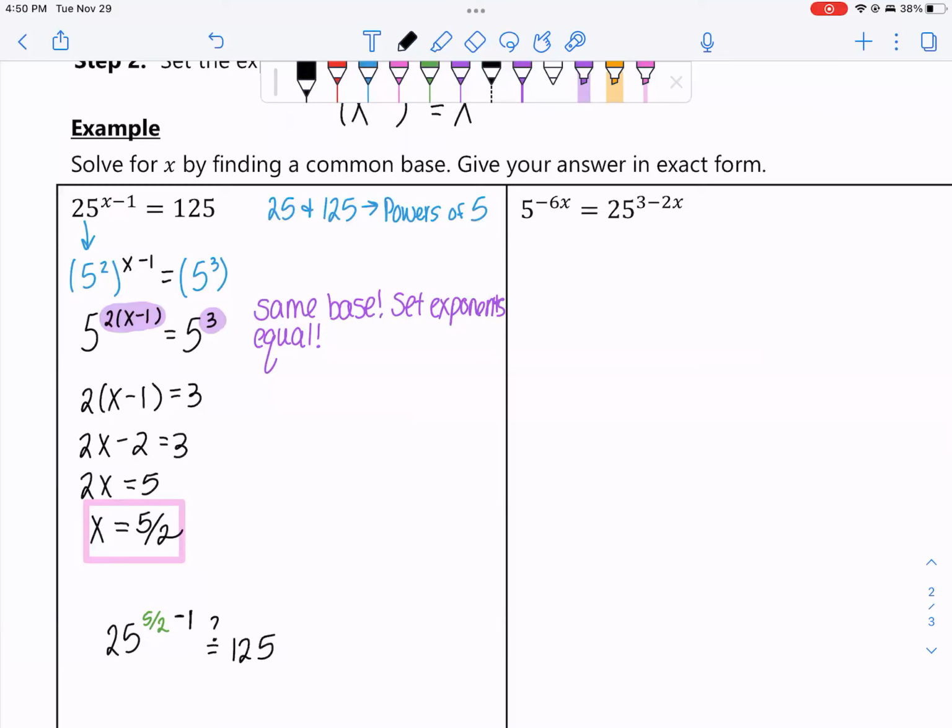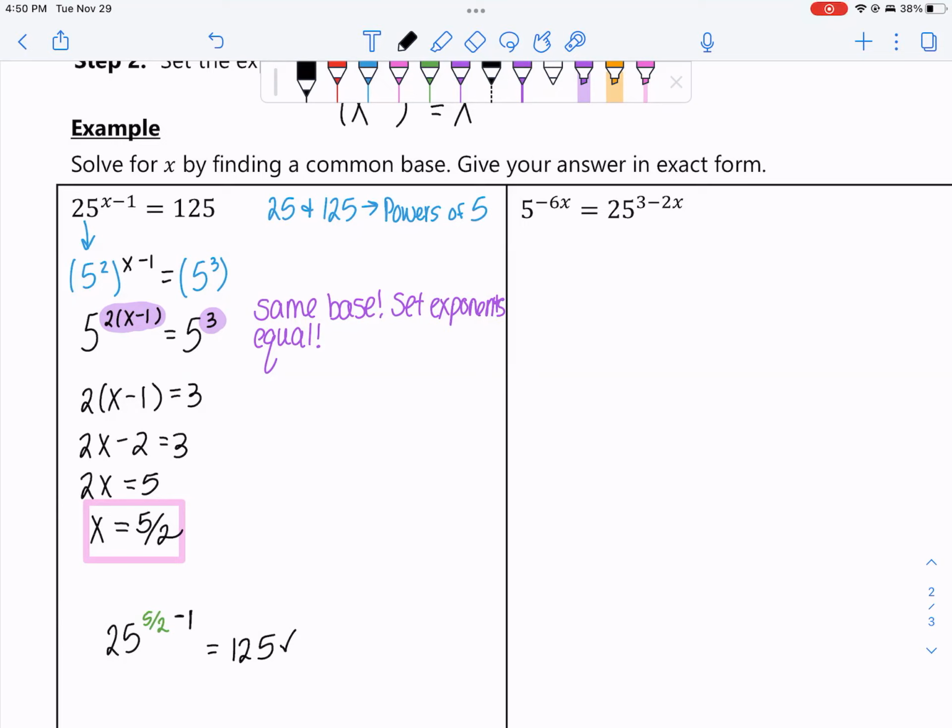So I'm doing it right now. 25 raised to the 5 halves minus 1. I got 125. It's not a question mark anymore. Bam. Again, not strictly necessary, just a good idea every once in a while.